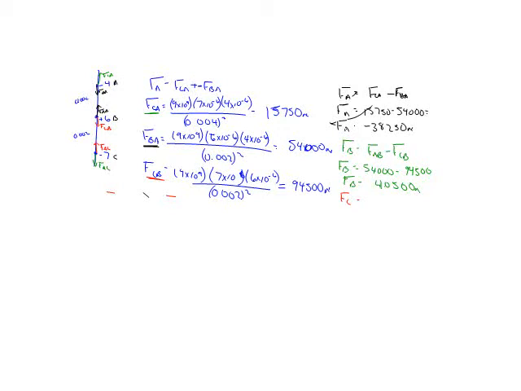All right, F on C, we have positive FBC, negative FAC. BC is this one. AC is this one.